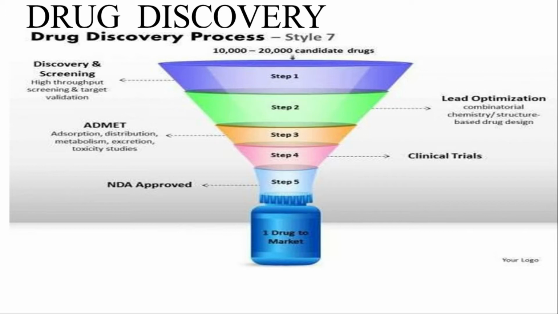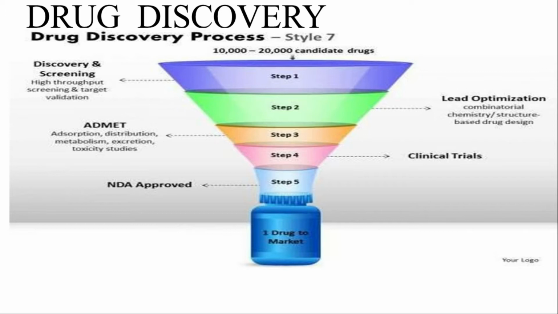You can see here that 10,000 to 20,000 candidate drugs are taken at the top, some are neglected in step 1, and few drugs escape from step 1, and the rest are taken for step 2.